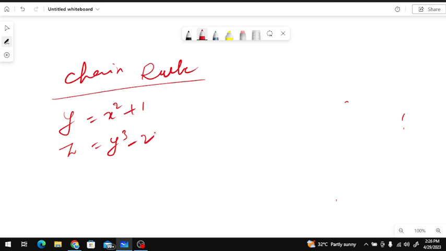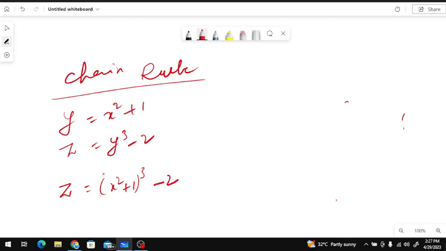So I am putting in the second function, z, your new equation should be (x squared plus 1) whole cubed minus 2. So what is the derivative of z with respect to x?